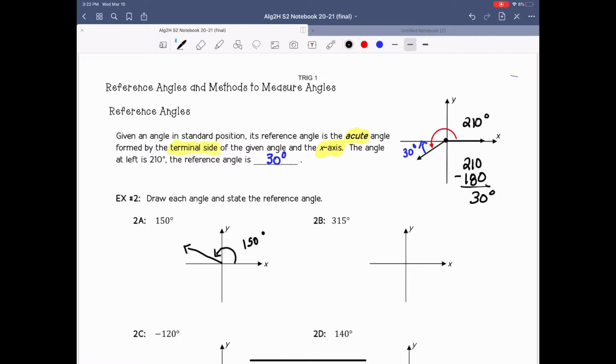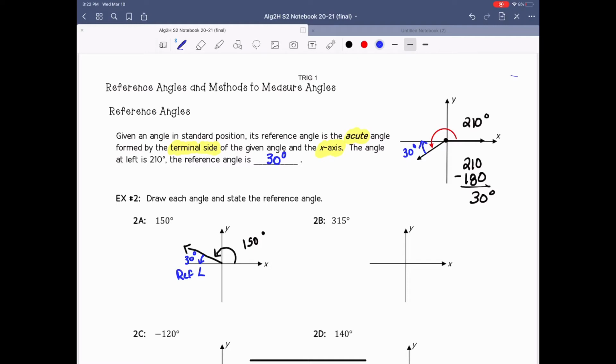Now to find the reference angle is just going to be the acute angle formed by the terminal side and the x-axis. Now if I know that this angle measure is 150, the full angle measure is 180, in order to find that missing chunk right there, well, what do I have to add to 150 to get to that full 180? And the answer is 30 degrees, all right? So the reference angle is 30 degrees because 150 plus 30 will give me that half rotation of 180.